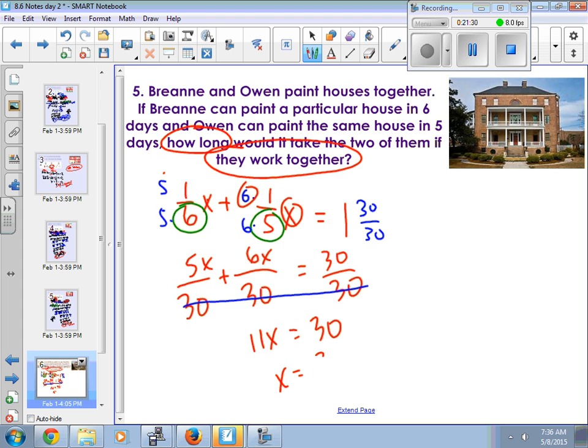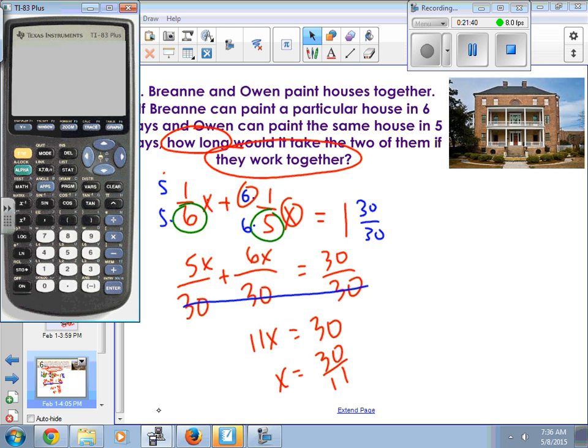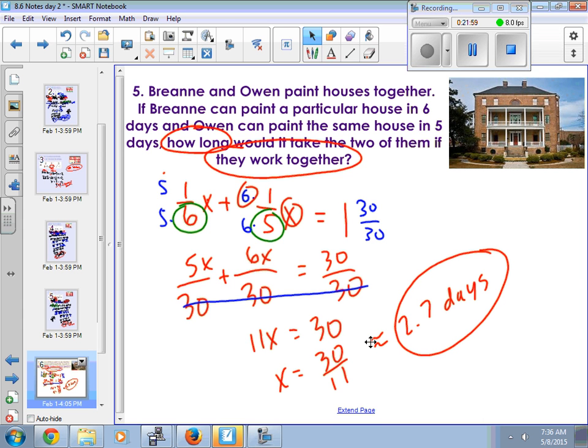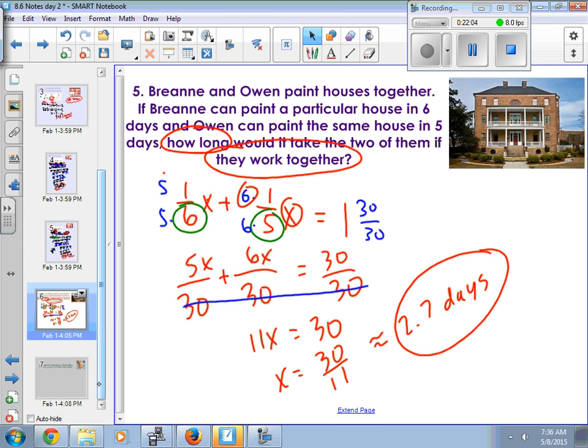Divide, and it looks like it takes 30 over 11, which is about, if we divide this out, about 2.7 days. So working together takes them about 2.7 days to do this. So when you can't compare because they work at different speeds, you need to find a way to do it, and the way is to see how much they can do in one particular time unit.